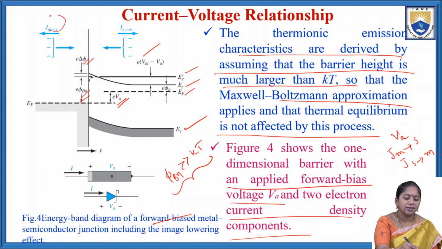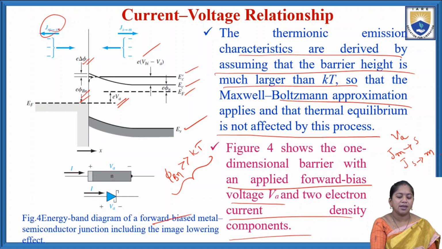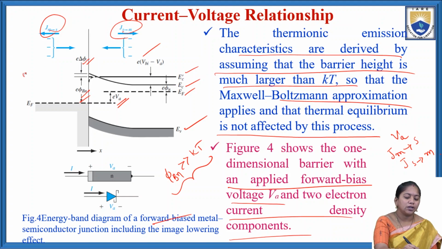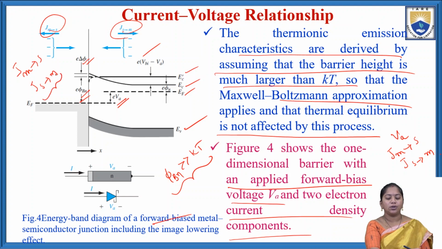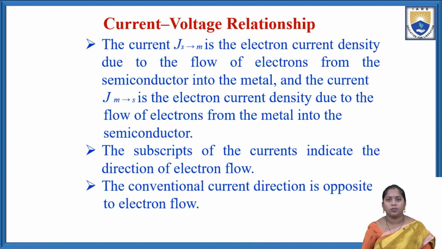The first current density, Jm2s, is the current density of electrons from metal to semiconductor. Js2m is the current density of electrons from semiconductor to metal.